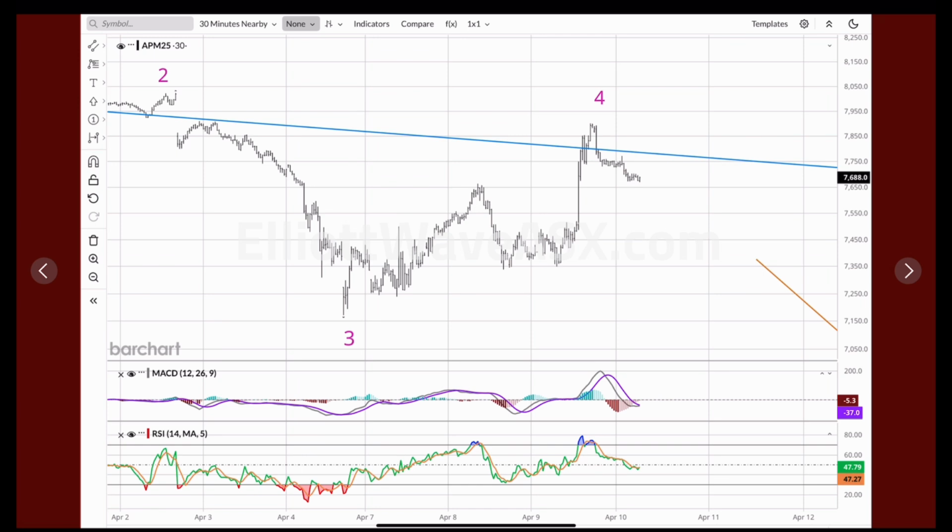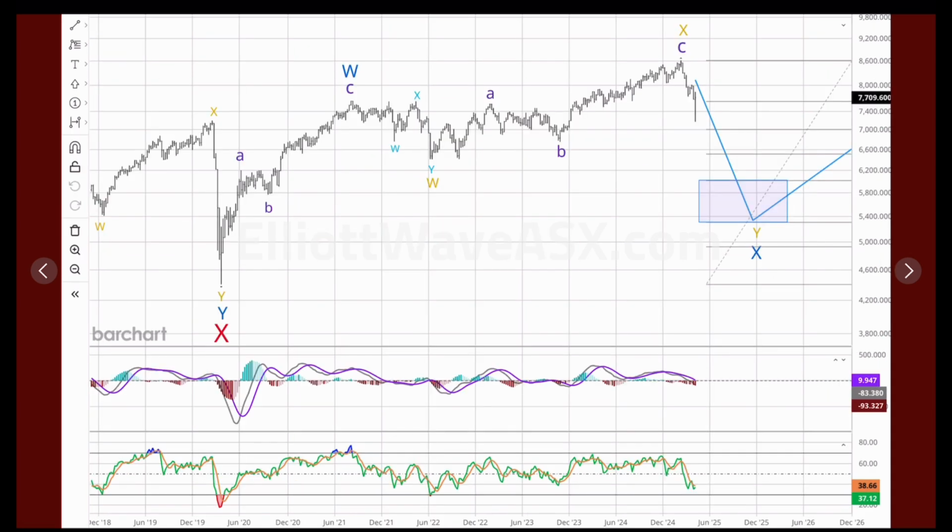Now if I revisit the count, this is the longer term view. So what we've got, and I'm happy with this count, with the current price action, we've basically got an impulsive move off the high.